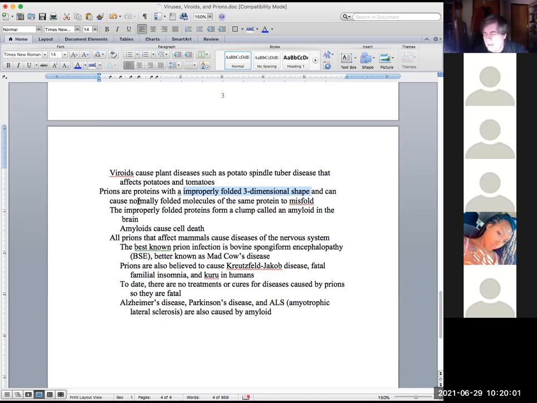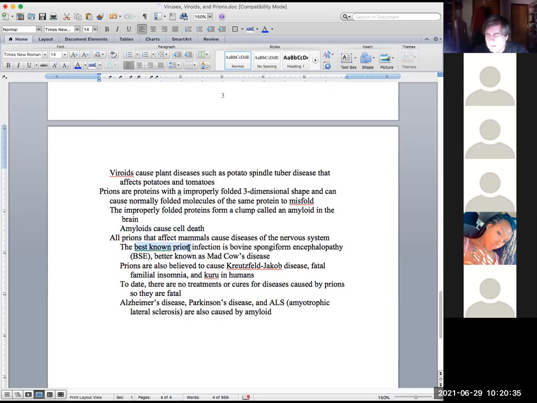And when they get into a cell, they can cause normally folded molecules of the same protein to misfold. So kind of like a chain reaction. And these improperly folded proteins form a clump called an amyloid. And the amyloid forms in the brain. And amyloids cause cell death. So in other words, this kills cells in your brain.